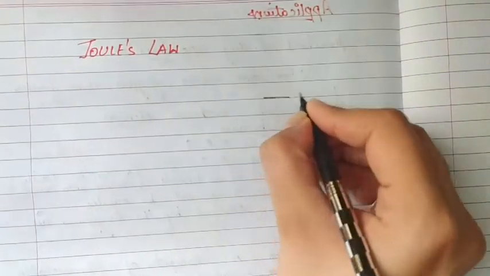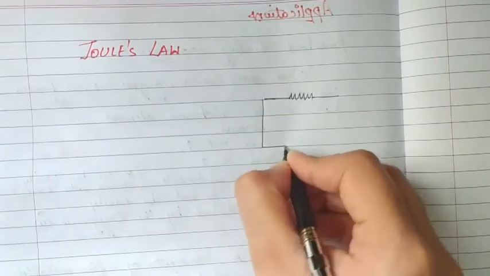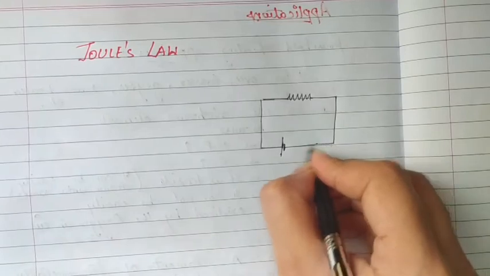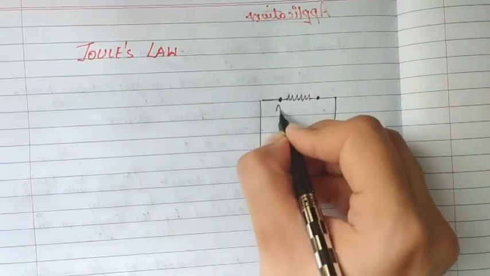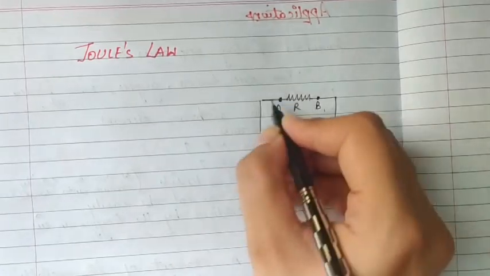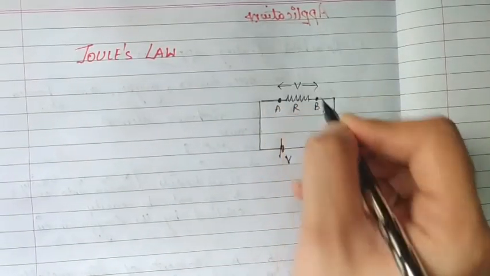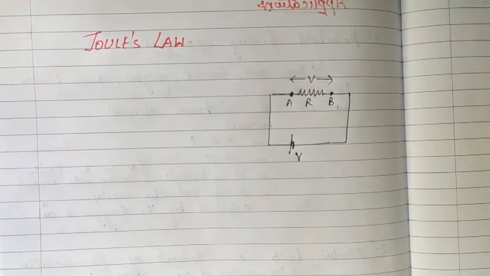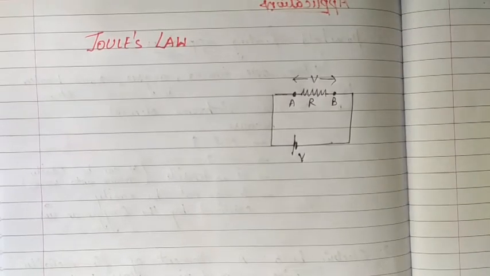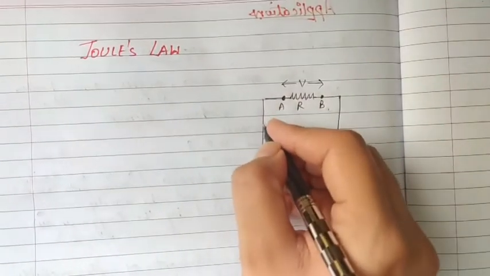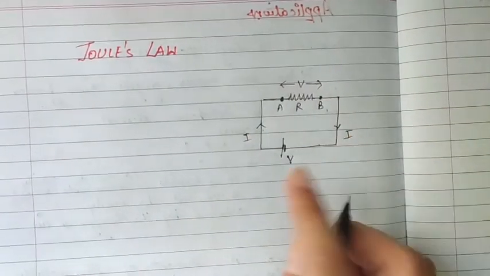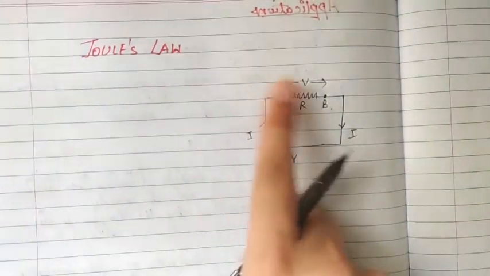To understand this, we consider a conductor AB having a resistance capital R connected to a source of EMF that maintains a potential difference of V across it, across A and B, and a steady current capital I flows in the circuit from capital A to capital B, like this, from the positive end of the cell to the negative end of the cell.